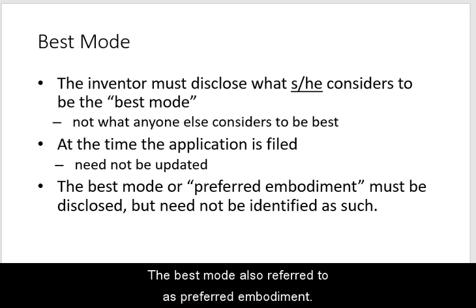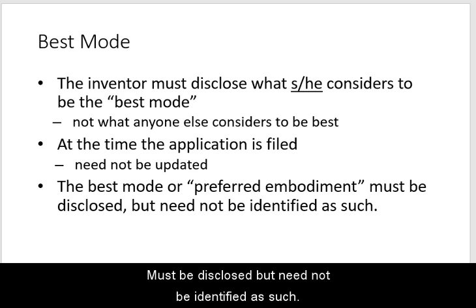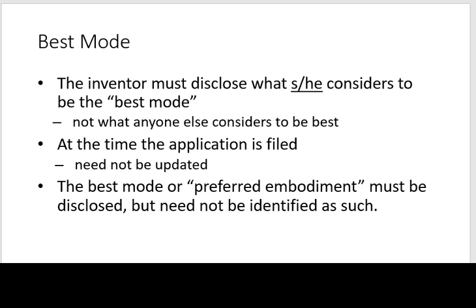The best mode, also referred to as preferred embodiment, must be disclosed but need not be identified as such. For example, the inventor may disclose several ways to build or use the invention.